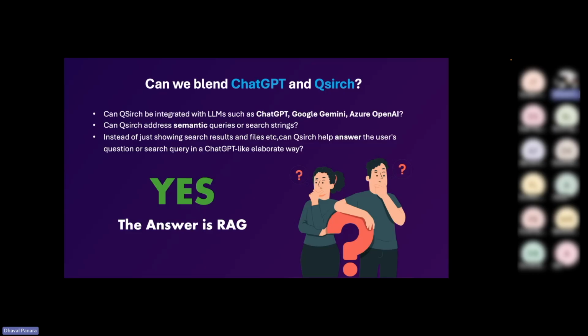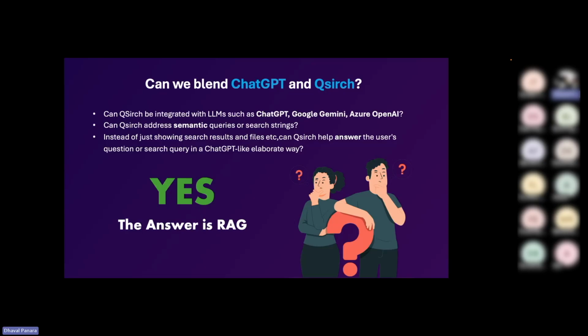It's called RAG search, right? Yeah. So basically, we will give you more information when you search a keyword or some kind of situation. Qsirch can now give you more and more organized answers. Okay, so Deval will help us introduce what is RAG and what is LLM, all these terms.